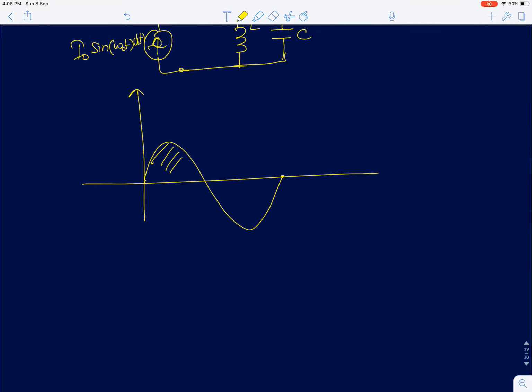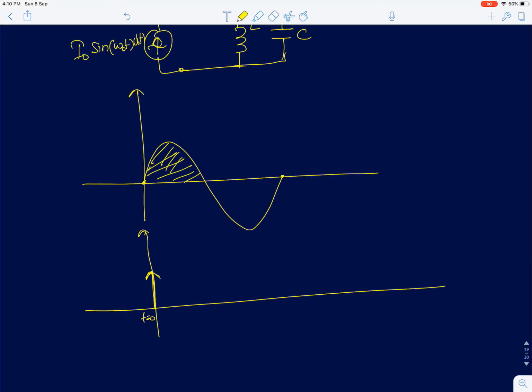So to understand this, I'll try to analyze the problem by using impulses. It's easier to analyze it using impulses. I'm going to consider the area under this sine wave and lump it together as an impulse.